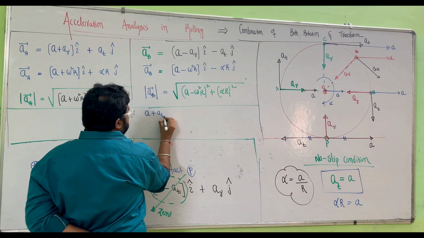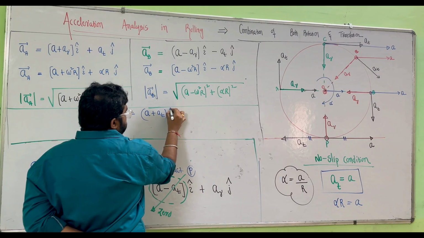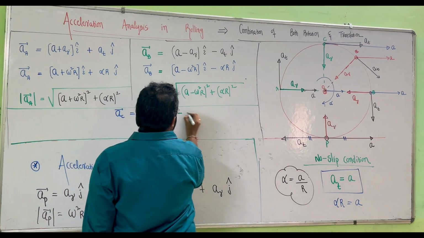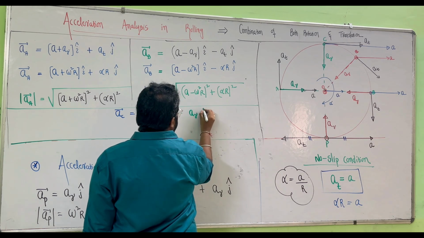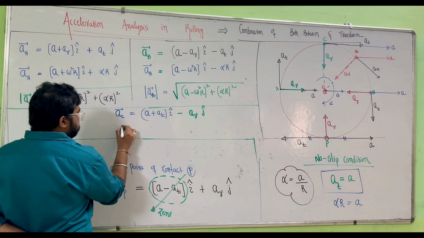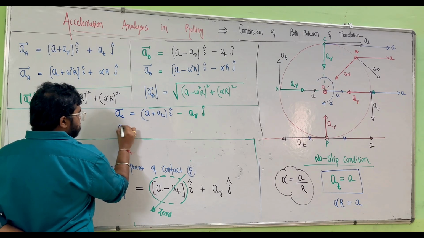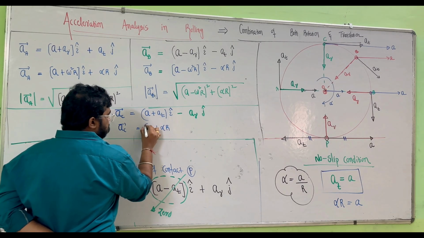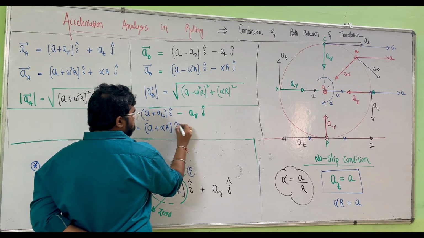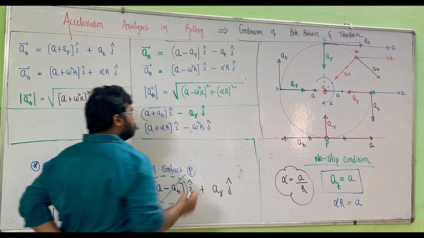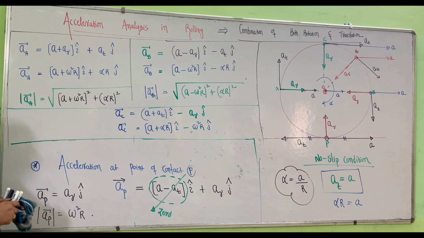A plus AT I cap, minus AR J cap. So now tell me, AC bar equals A plus alpha R I cap, minus omega square R J cap.